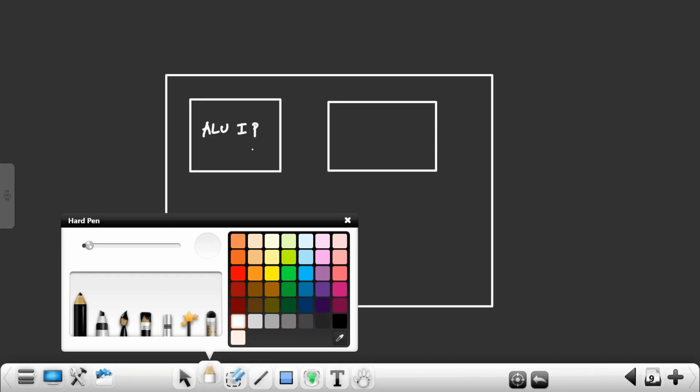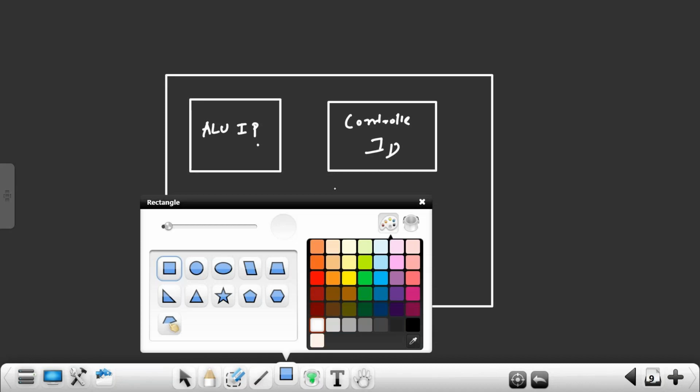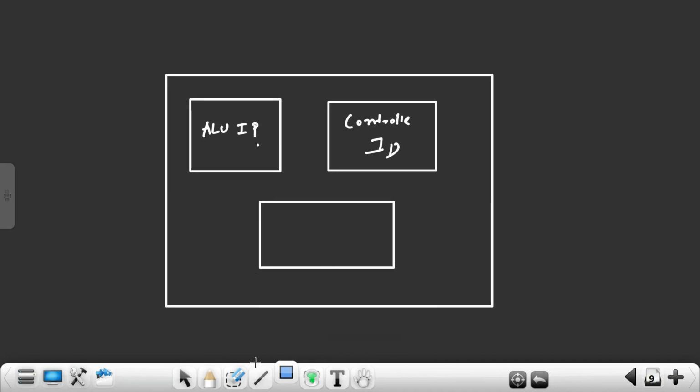We have to control all the arithmetic and logic units, so you purchase controller IP. You want memory, so you purchase memory IP. And you integrate all these IPs. Integrate means connect all the IPs. This is called full chip level design.